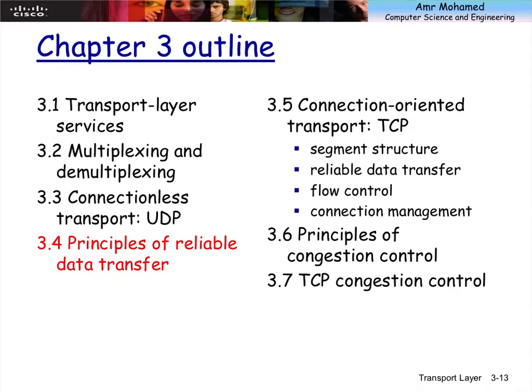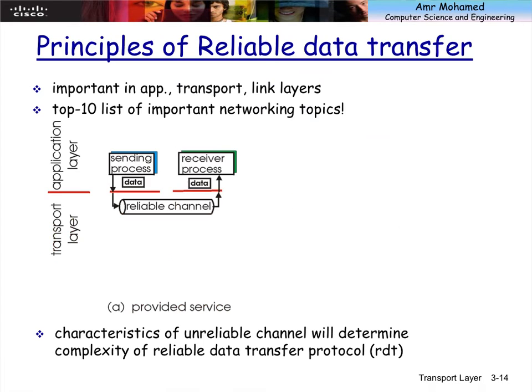But in Network 1 we talked about one level of reliable data transfer and we told you that we have to use ACK and so on. But we need to here talk about the sequence, the thought process that any protocol designer can go through in order to design a sophisticated protocol like TCP. Because TCP is really sophisticated. So we need to talk systematically about what are the steps and the different levels for providing reliable data transfer.